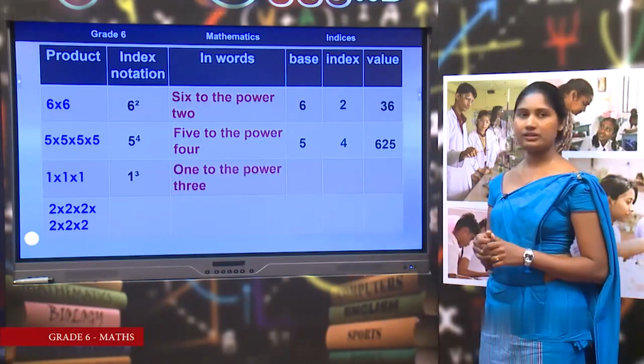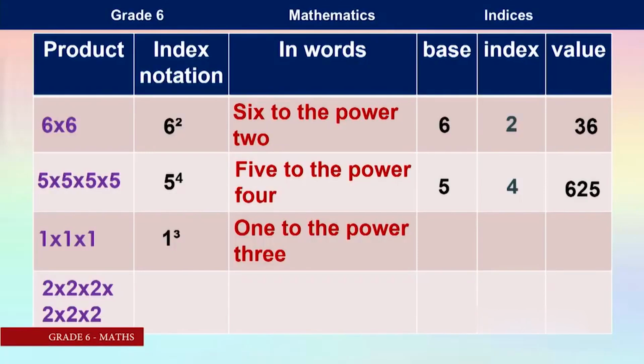Let's see. 1 to the power 3 and base is 1. What is the index here? Can you tell me? That is 3. Then the value, I told you when 1 is multiplied any number of times, with any index, that is again 1. Here 1 into 1 is 1, again 1 into 1 also 1.